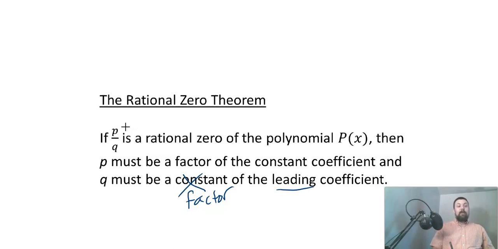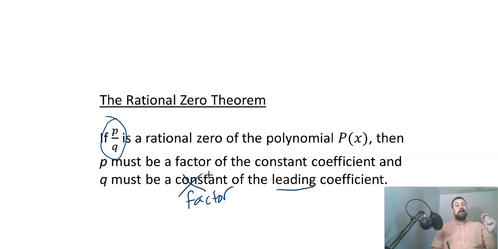So if we have a number that is a 0, then these characteristics must be true of that number. The conclusion we draw from that is that only numbers that have these characteristics could possibly be a 0 of our polynomial function, right? So any number that's going to be a 0 has to have a numerator that is a factor of the constant term.